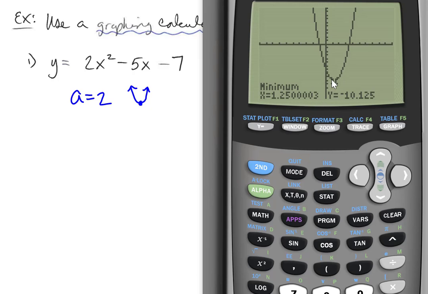Now the read that I'm getting on this calculator gives us the x coordinate of the minimum as 1.2500003. Okay, so it's rounding these values, but they're usually good enough for our purposes, so we're going to go ahead and take those for now. So we'll end up rounding the x value given to be 1.25.